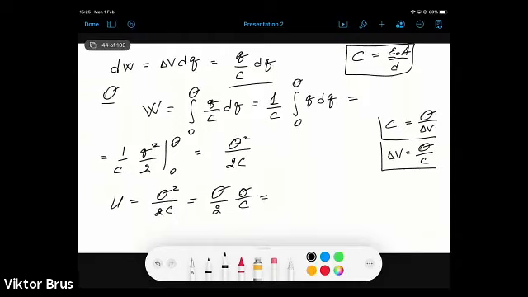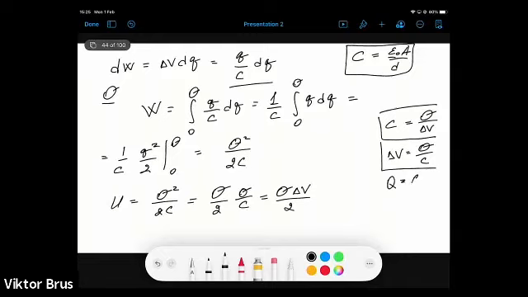So we can write Q times delta V divided by 2. And finally, we can also express this Q, again from this definition of capacitance.